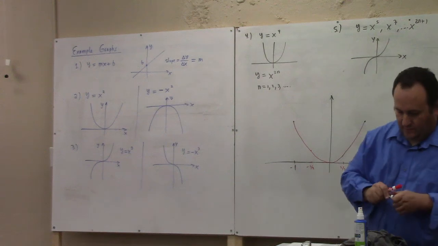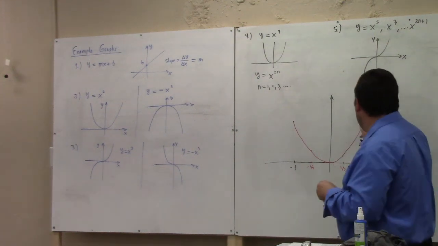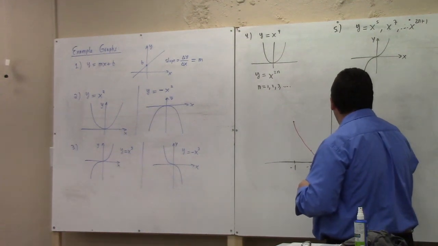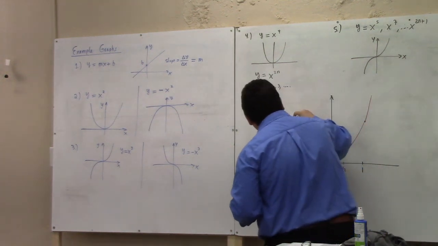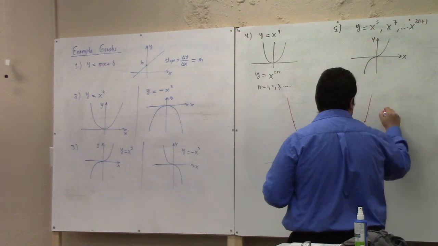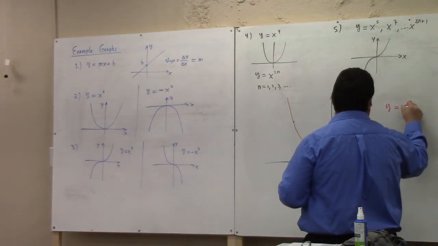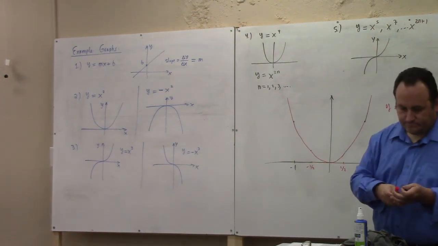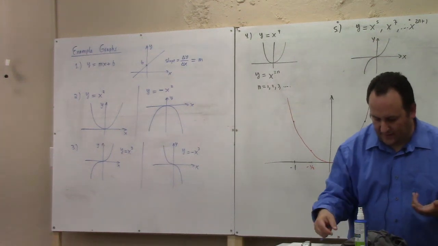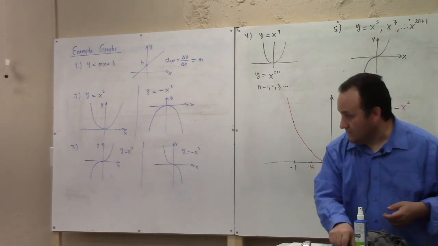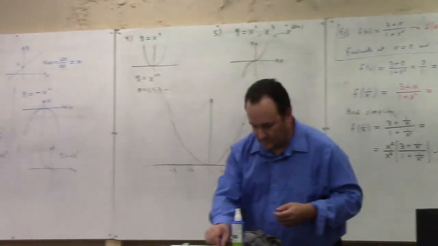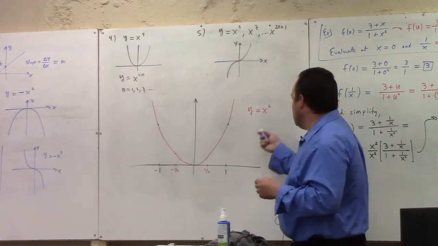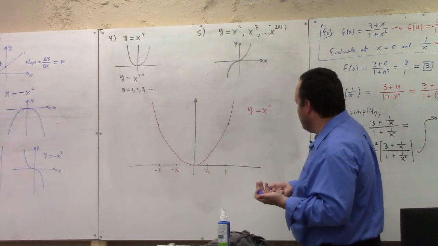What happens with the quartic? I should really, I'm going to get out the projector here in like 2 minutes. I'm just suffering through this to show you that you can. Y equals x to the 4th. What would that look like?